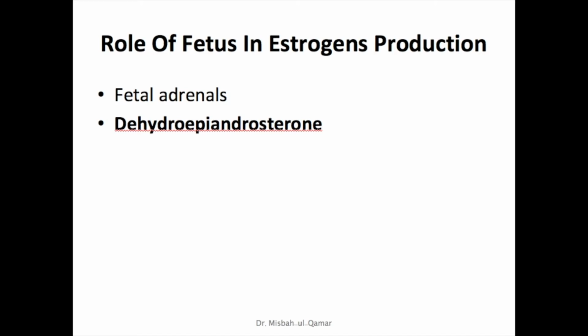Keep in mind that the cortices of the fetal adrenal glands are extremely large. About 80% consists of the so-called fetal zone, which secretes dehydroepiandrosterone.